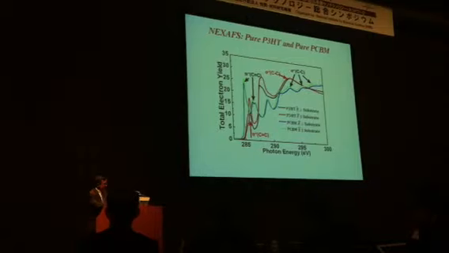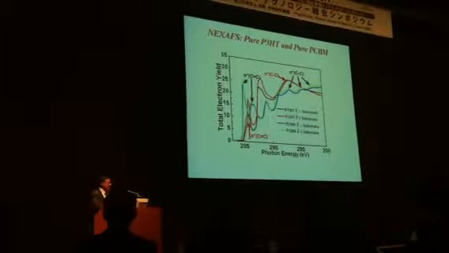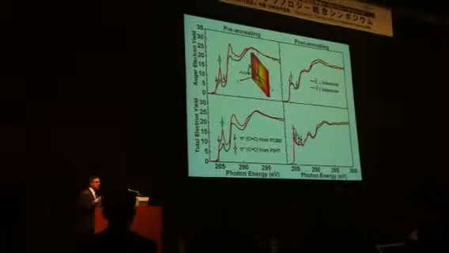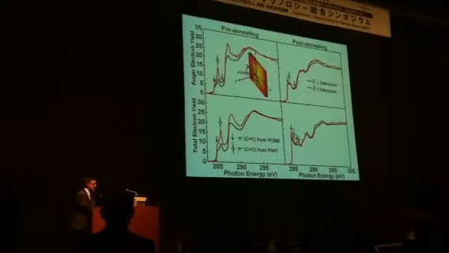And you can also tell from the mixture by looking at the near-edge X-ray absorption fine structure analysis of mixtures. You can tell whether you're getting a segregation of the P3HT at the surface or the PCBM at the surface.